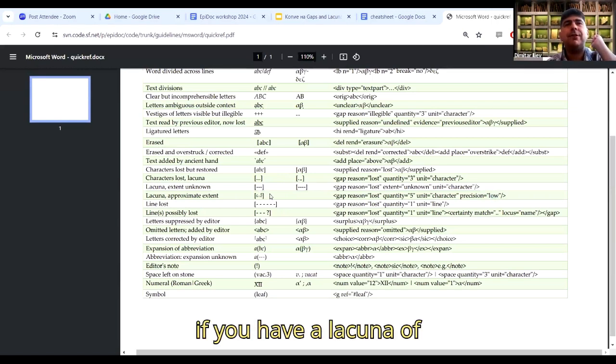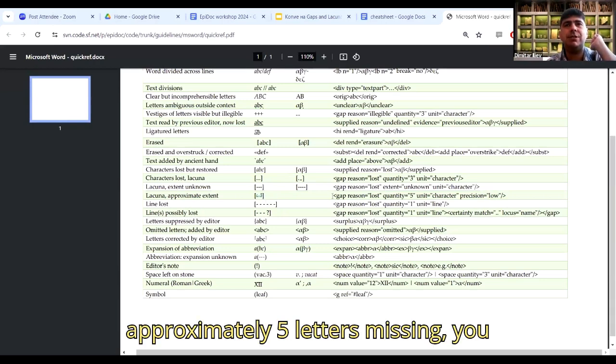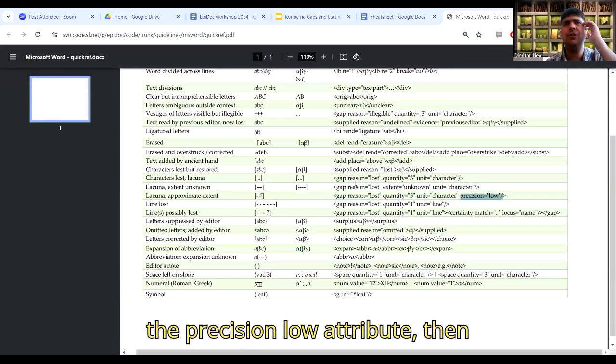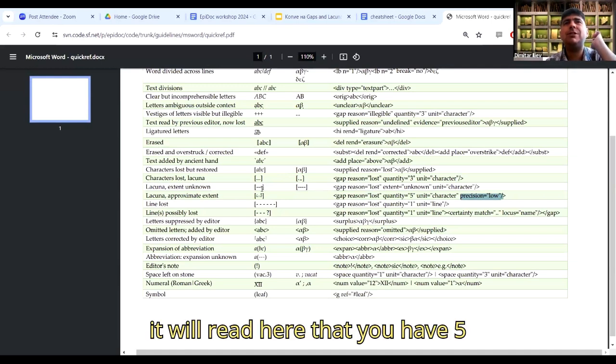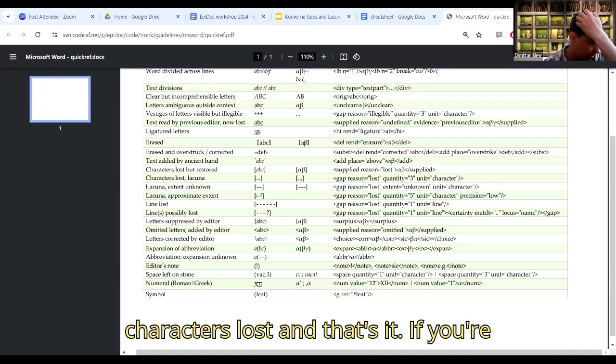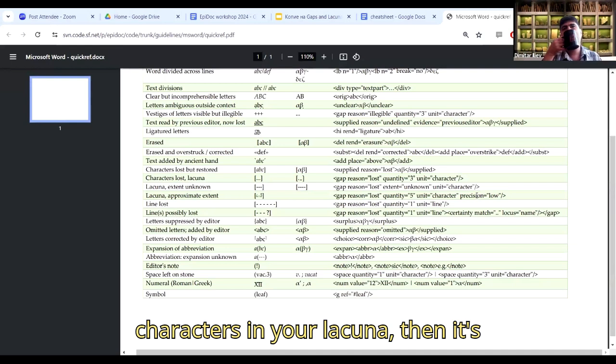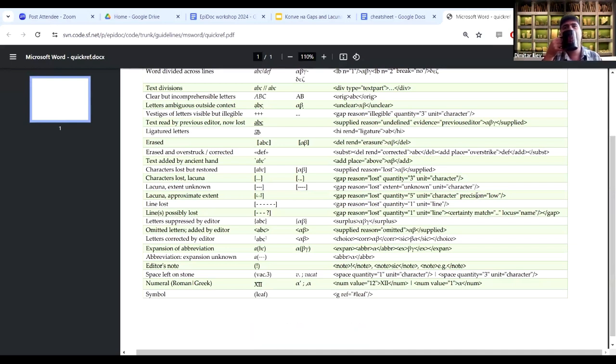So if you have a lacuna of approximately 5 letters missing, you have gap, reason lost, quantity 5, unit character, precision low. If you do not add the precision low attribute, then it will read that you have 5 characters lost, and that's it. If you're sure that there's room for exactly 5 characters in your lacuna, then it's without the precision low attribute.